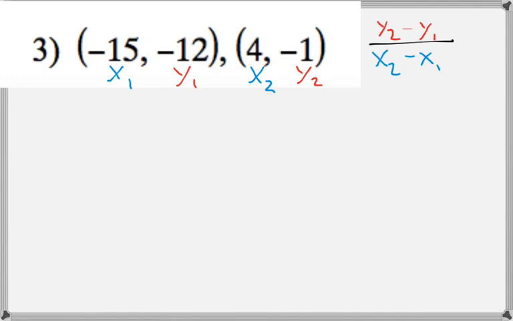Now we can plug into our formula. So y2, which is -1, minus our y1 value, which is a -12, all over the top of our x2 value, which is 4, minus our x1 value, which is a -15.